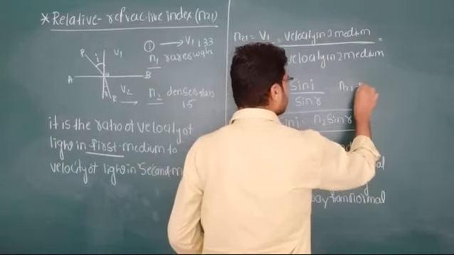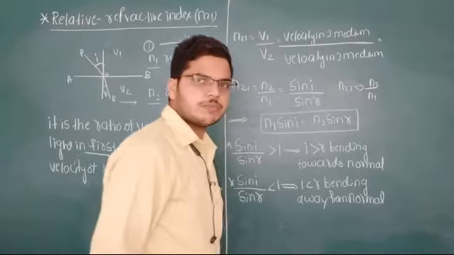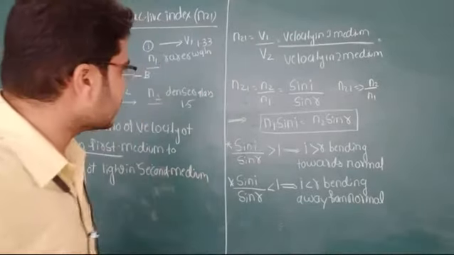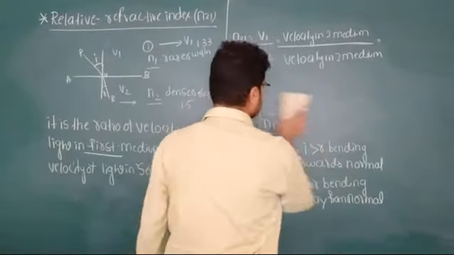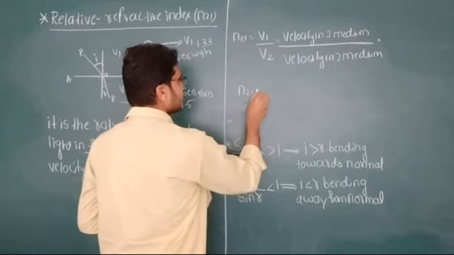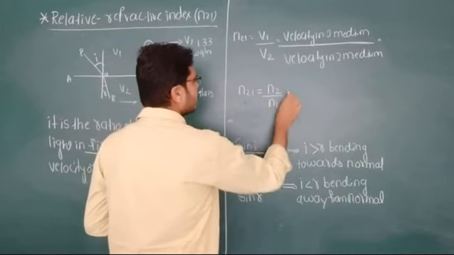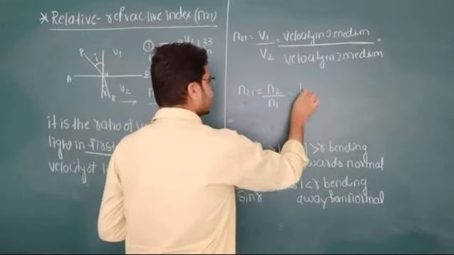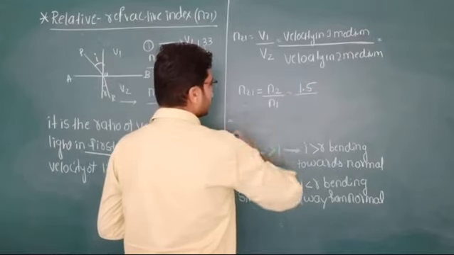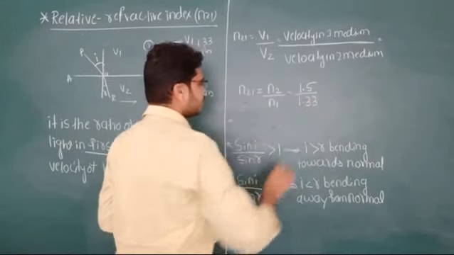N21 is equal to N2 by N1, that is, N2 divided by N1. For glass it is 1.5. For water it is 1.33.